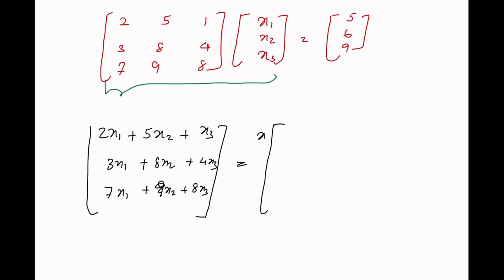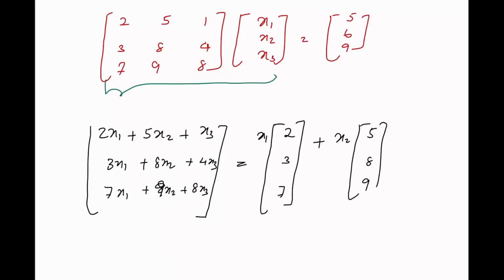I get x1 out and I have 2, 3, 7, written as a column vector, plus x2 times 5, 8, 9, and x3 times 1, 4, 8. You know how scalar multiplication works.